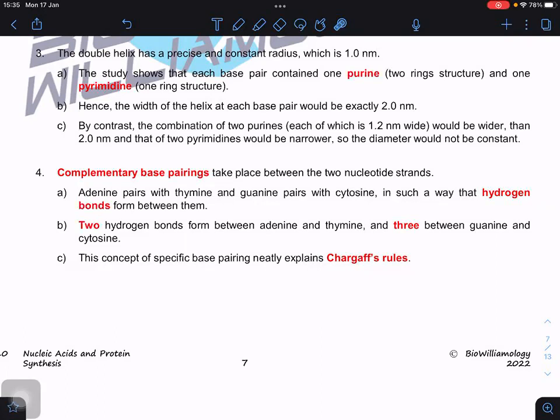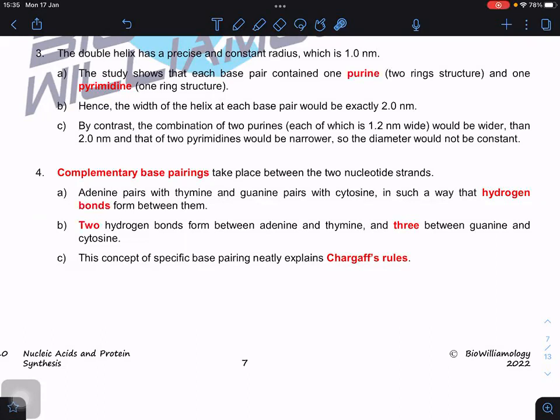Now, why can they maintain this? Why can they maintain this radius or diameter all the way from the top part to the end? Because of the complementary base pairing. How do they base pair? They always pair purines and pyrimidines.